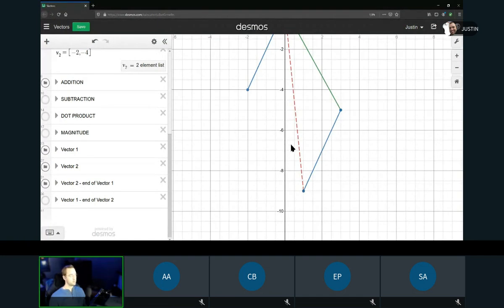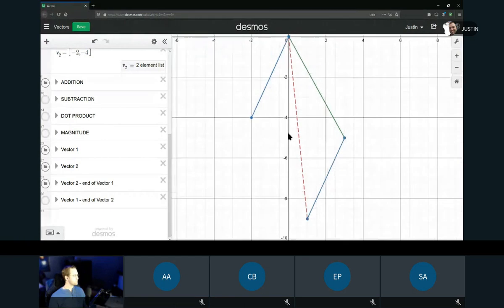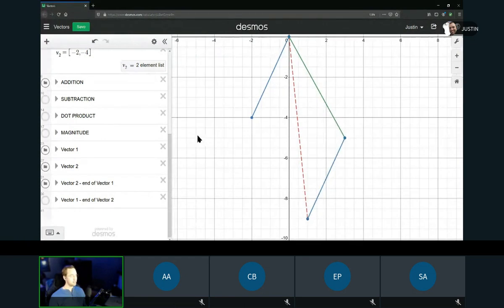The other method is called the parallelogram method. It's basically the same thing. So let me kind of back up here, turn off that. So all we're going to do is we're going to slide this to start at the end, just like the head to tail method. So that's going to look like this. And then we're also going to slide that first vector to start at the end of the second vector.